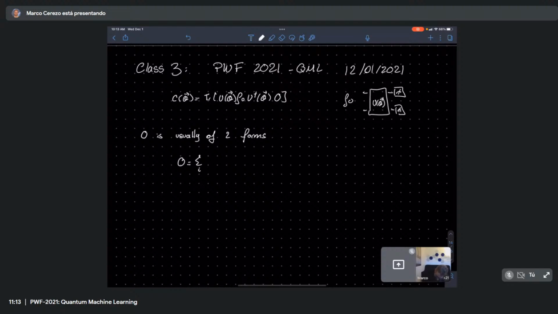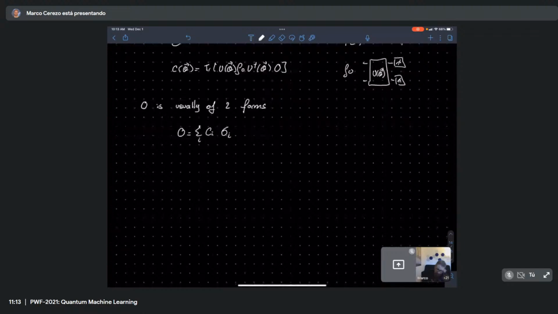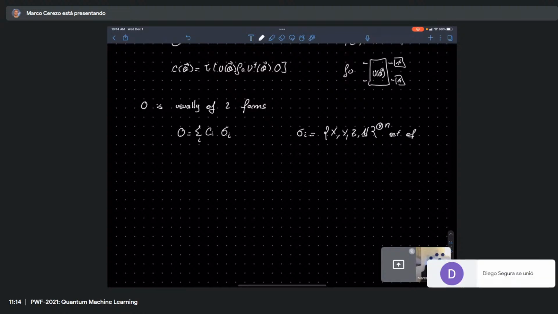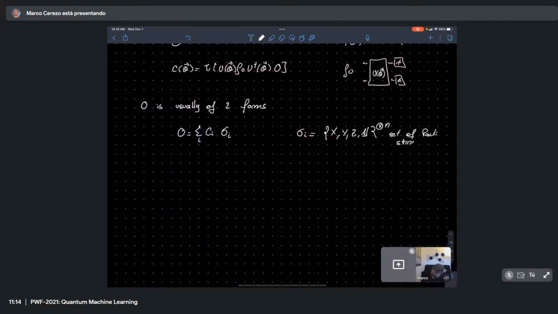So we assume that O can be efficiently expanded into a summation of those sigma i's, where here sigma i is essentially going to be X, Y, Z, identity, tensor N. So we've already used this notation in the past. What is this set right here? We're going to call this here the set of Pauli strings. So let's see what this means, this notation right here.